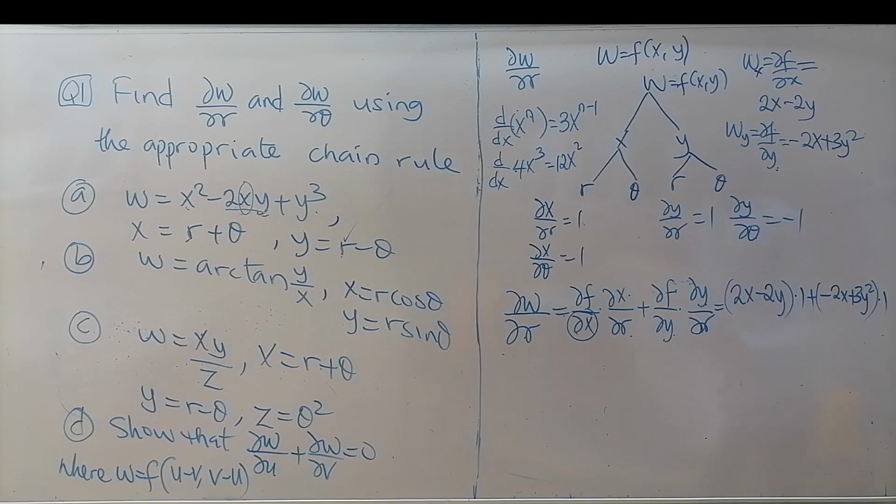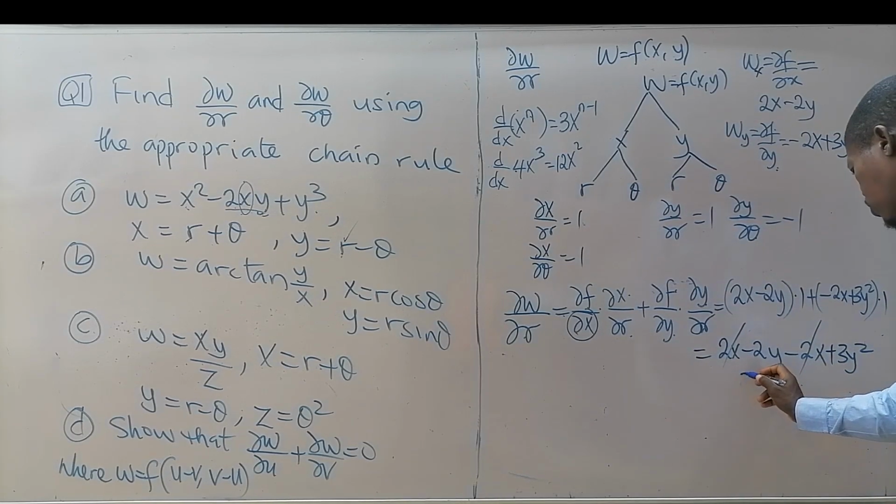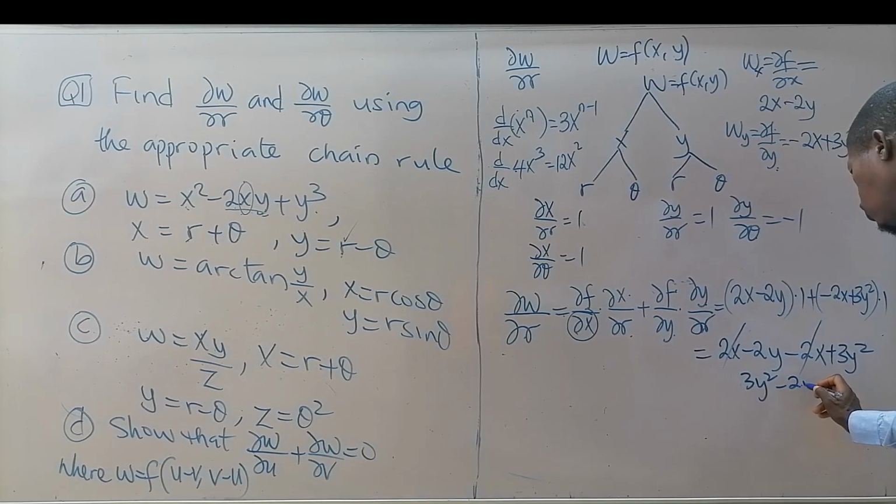So that's what we have there. If you like, you can open the brackets. So this one and this one cancel, then plus this, giving us plus 3y squared minus 2y.